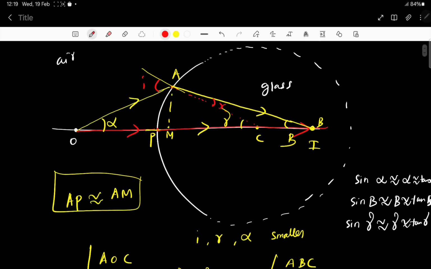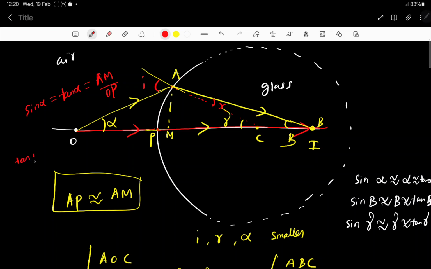Now consider this part of the triangle. Okay. From this triangle, I can say that sine of alpha equals tan of alpha equals AM by OP. Since A is lying very close to P, this distance is negligible. So AM or OM can be replaced with OP itself in that case.